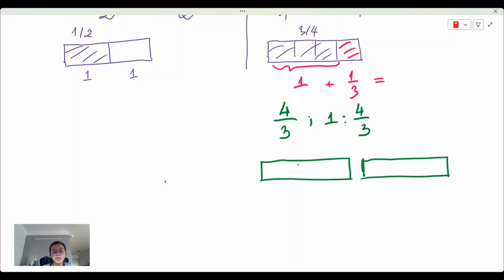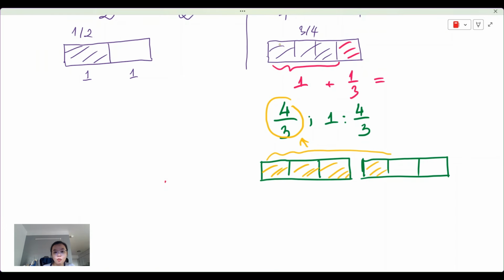So I divide each rectangle into 3 equal parts. 1, 2, 3. And we have here 4/3. So I have 1/3, 2/3, 3/3, 4/3. Okay, here is 4/3.